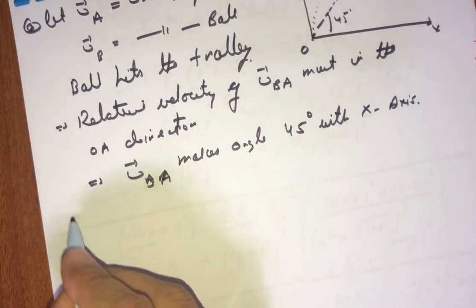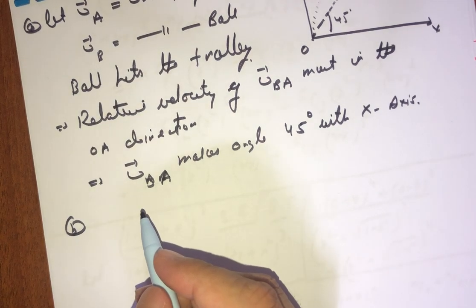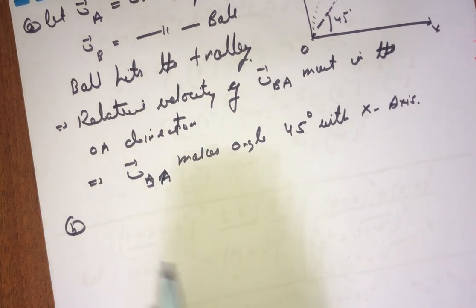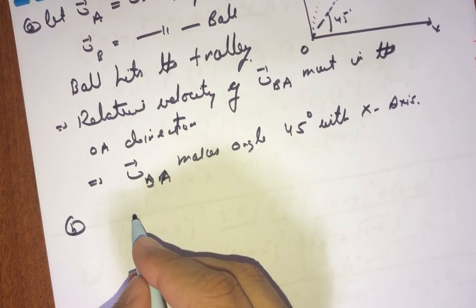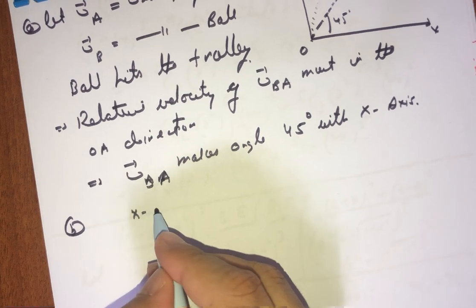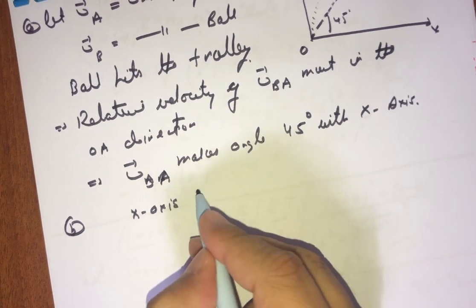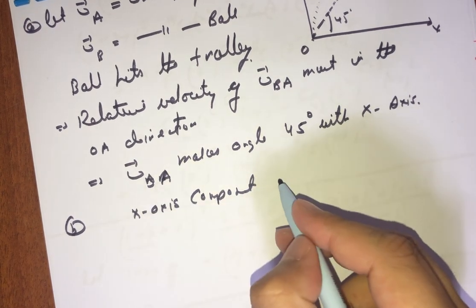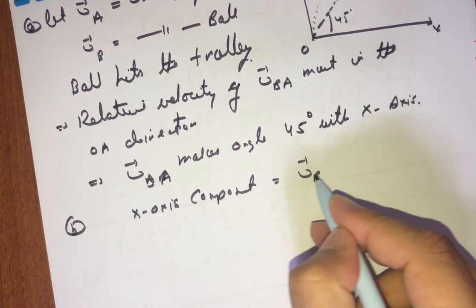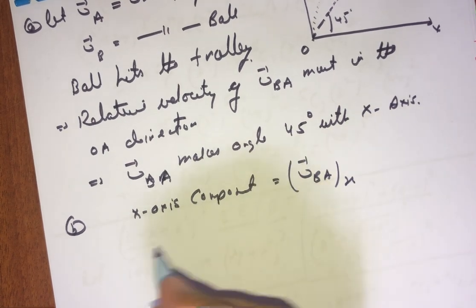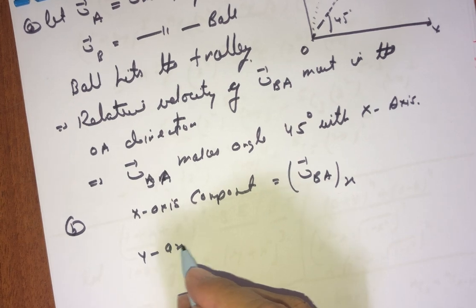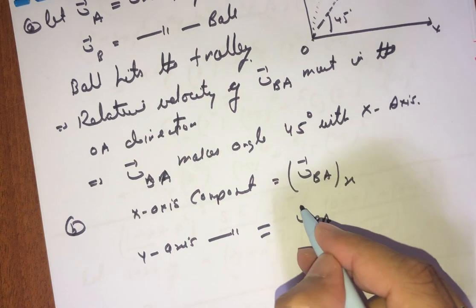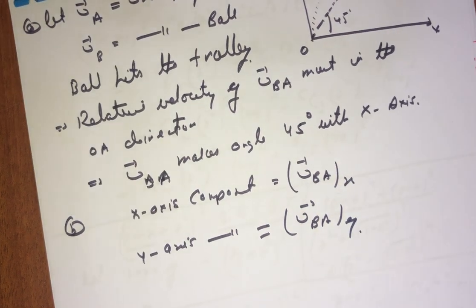In the B part, we write the x-axis component of VBA as VBAx, and the y-axis component as VBAy.